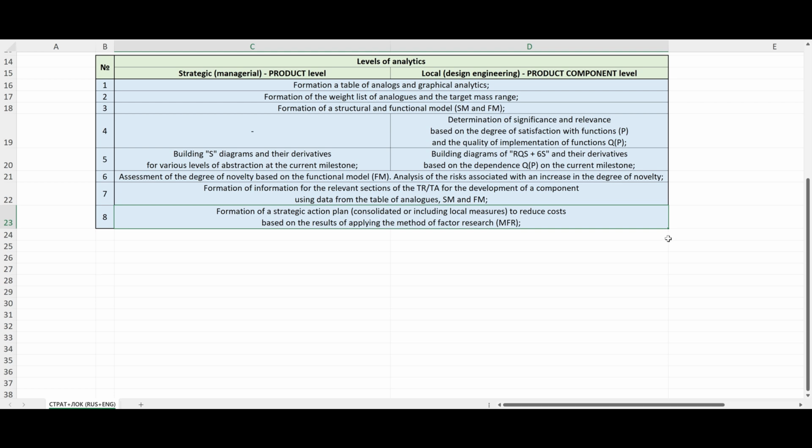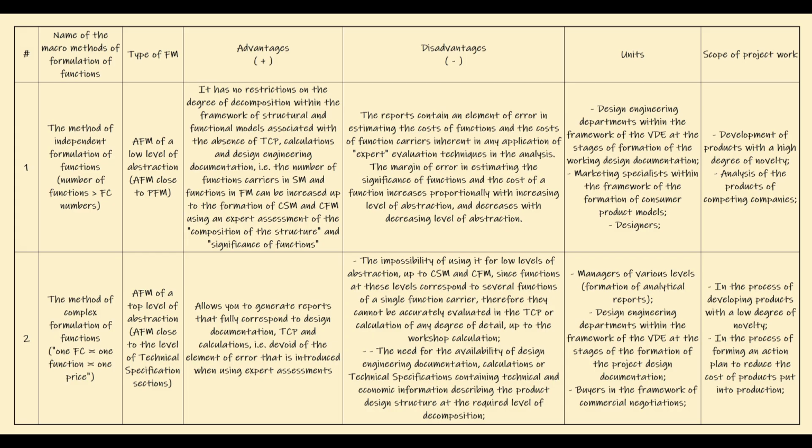In order to form a top level or strategic functional model in accordance with the recommendations announced in issue number 10, we use the principle of one function carrier and one price, one cost. In the case of functional model formation at the middle and lower levels of abstraction, I mean the full functional model, the application of the principle of one function carrier, one function, one price, or one cost is allowed only at the initial stages of functional model formation.